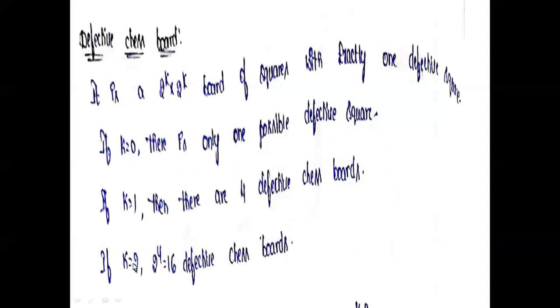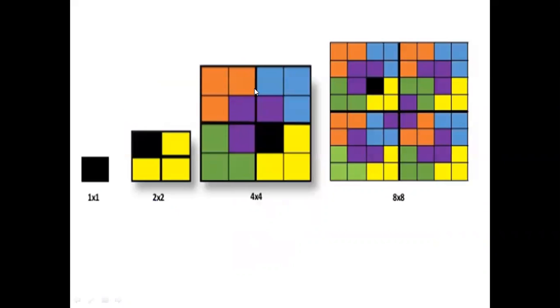Suppose k equals 2. K equals 2 means 2 square into 2 square, that is a 4 by 4 chessboard. In a 4 by 4 chessboard there are totally 16 squares, so there are 16 possible defective squares.